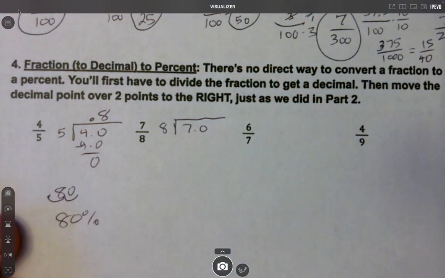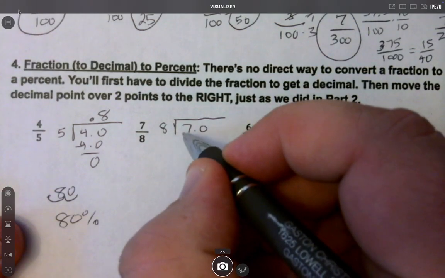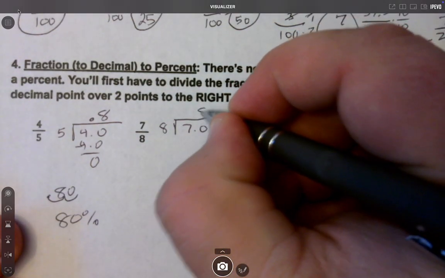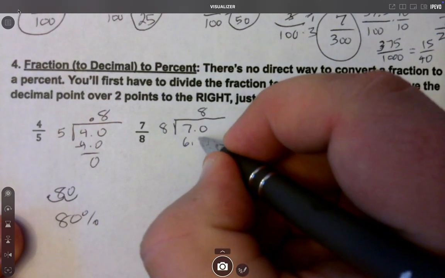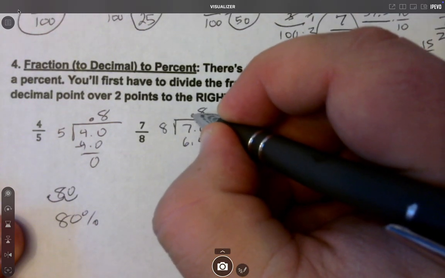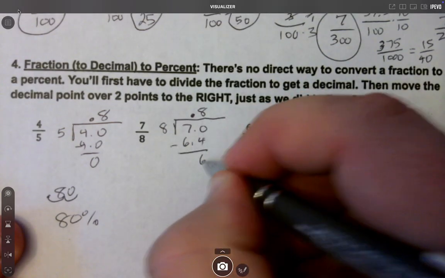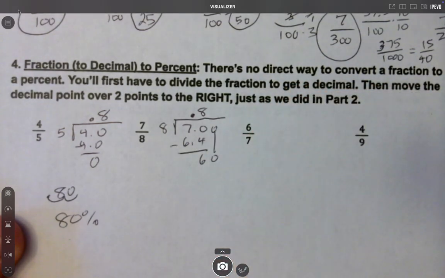Okay, we'll do 7 divided by 8. So again, 8 won't go into 7, so I put the decimal here. 8 will go into 70 8 times, that'll be 64. Don't forget the decimal like I just did. Remainder is 6, so we'll add another 0, bring it down.